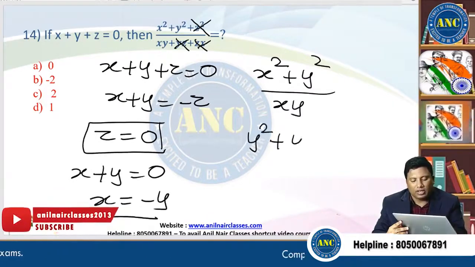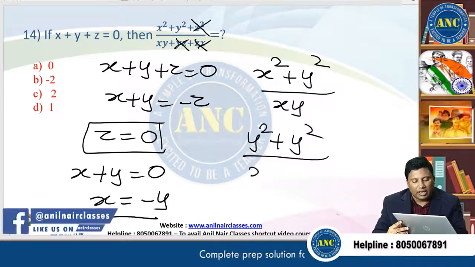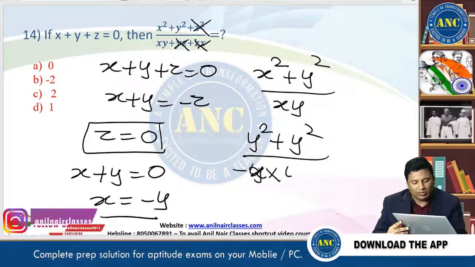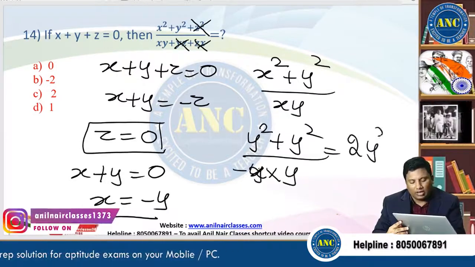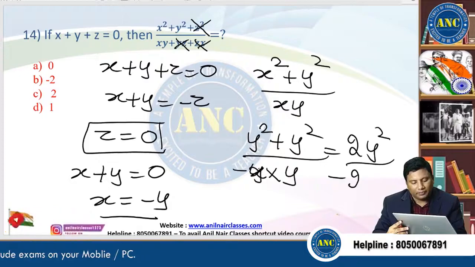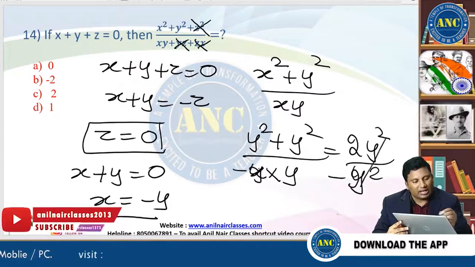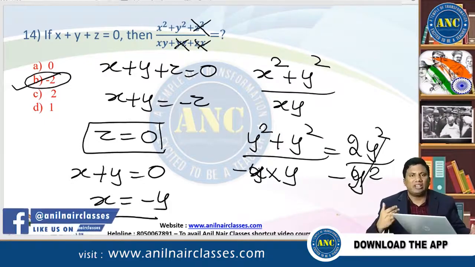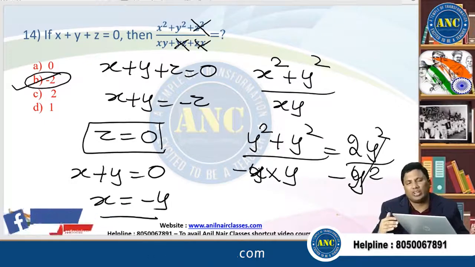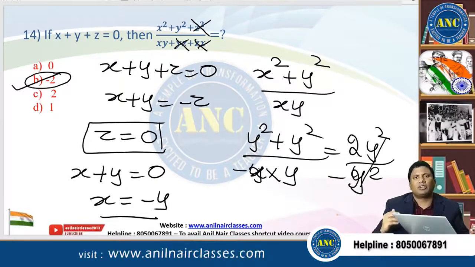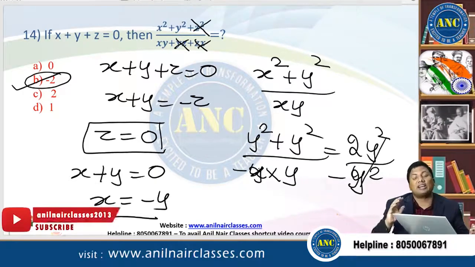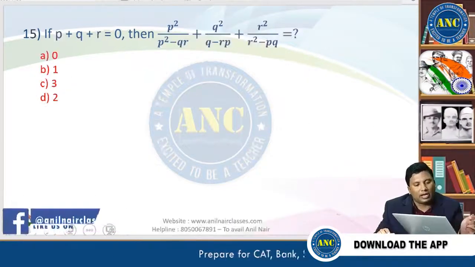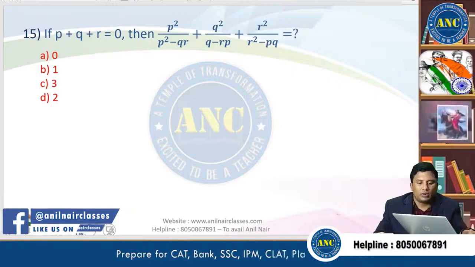Y square plus y square divided by x into y, x is minus y. Minus y into y. 2y square divided by minus y square. Answer is minus 2. Very easy question. By these 14 problems, I am sure each and every student has understood that if the question contains variables, answer contains numerical values, make dependent variable 0. Now, next one.